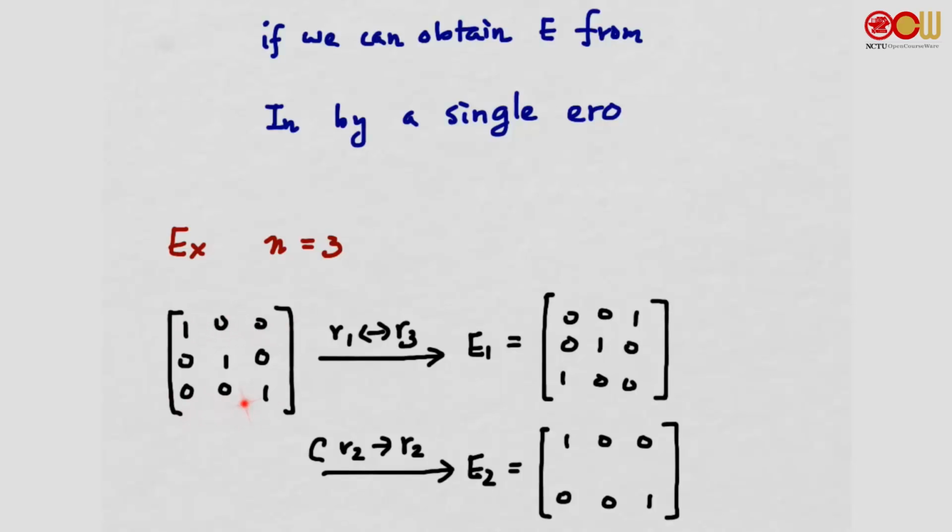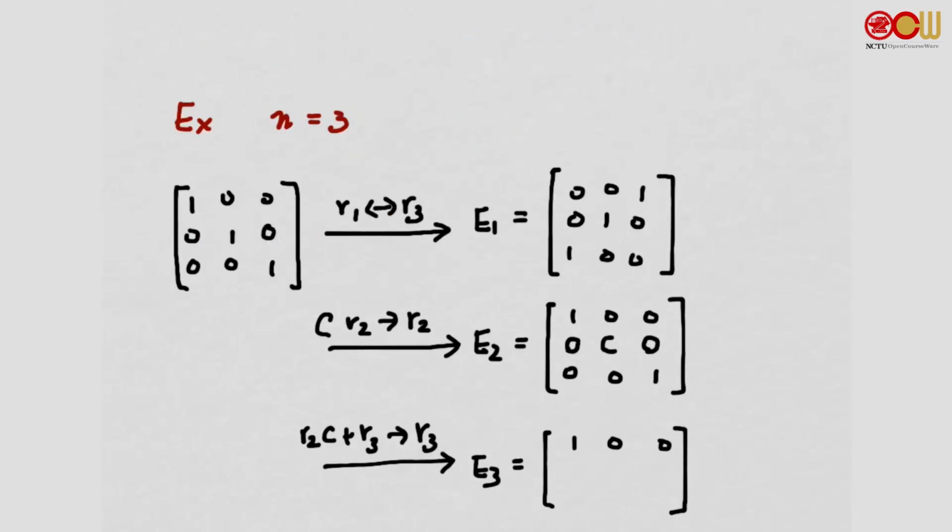The first row and third row are the same as the identity matrix. Only the second row is changed, and the second row is scaled by C. So the second row is 0, C, 0. For the third type, another type of ERO is row addition.